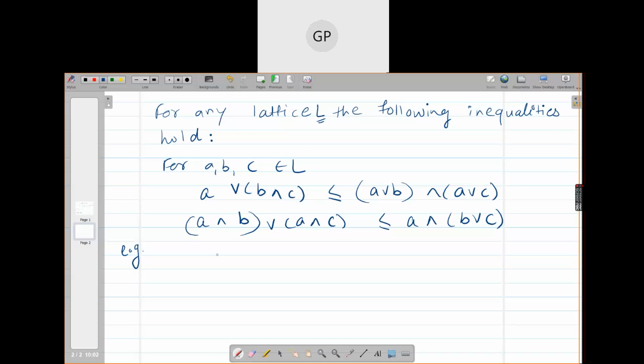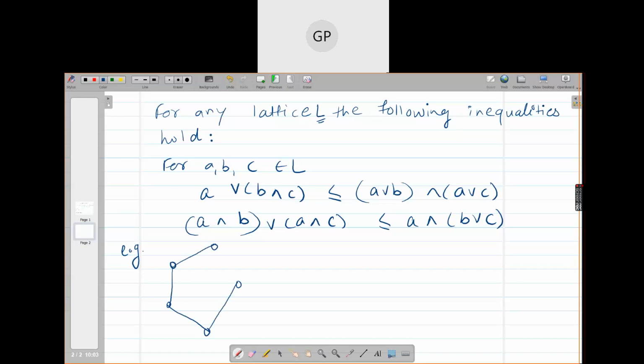So I'm considering a pentagonal structure, but it is not a regular one. This is the 0 element of the lattice, this is the 1 element of the lattice, and these are the 3 elements A, B, C. Let us see the properties which we have written.